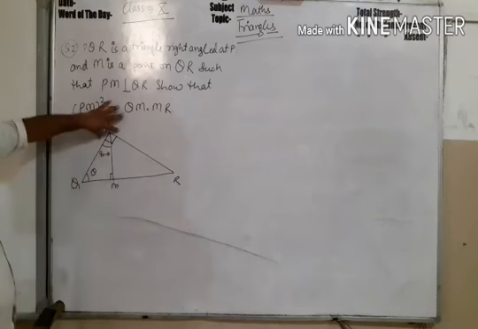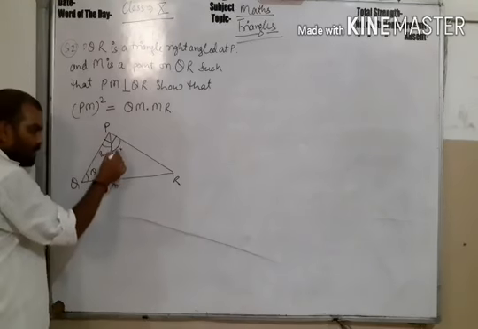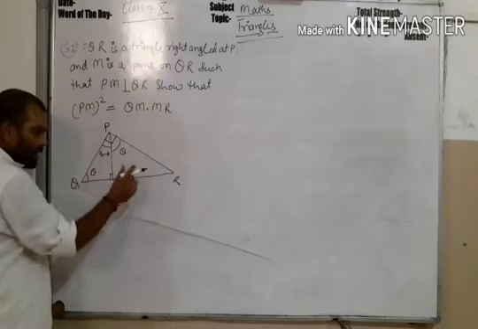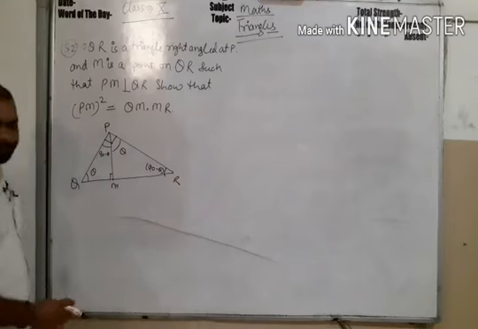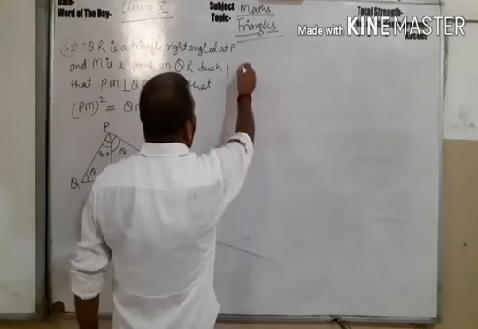Again this whole angle is 90, out of this 90 minus theta, so this angle is theta. Now again this is theta, this is 90, and this angle becomes 90 minus theta. Clear? Now we will prove similarity.